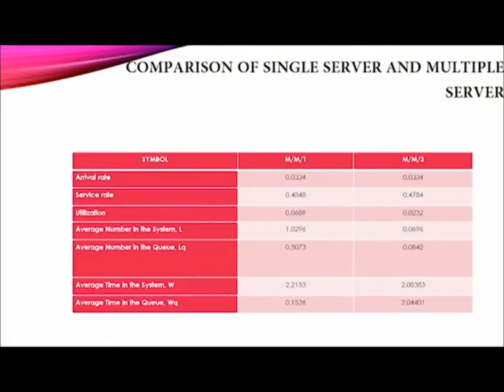The service rate for M/M/1 is 0.4848, while for M/M/3 it is 0.4784. Looking at the result, we know that M/M/3 has a lower service rate compared to M/M/1.